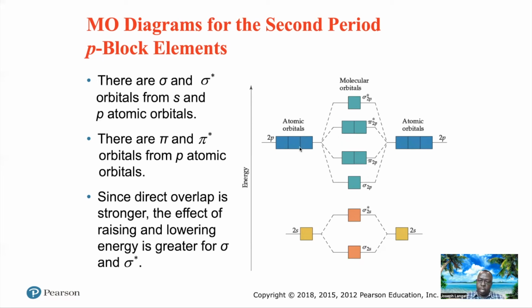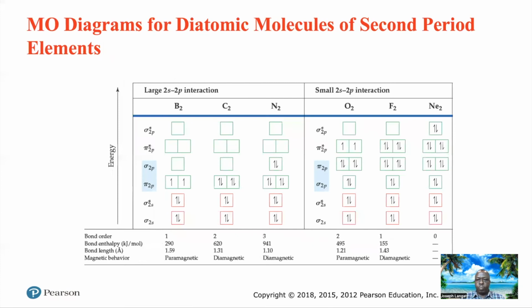I saw that there is a difference between oxygen gas, fluorine gas, neon gas, when it comes to second row beryllium, boron, carbon, and nitrogen. There's some interaction between 2s and 2p.